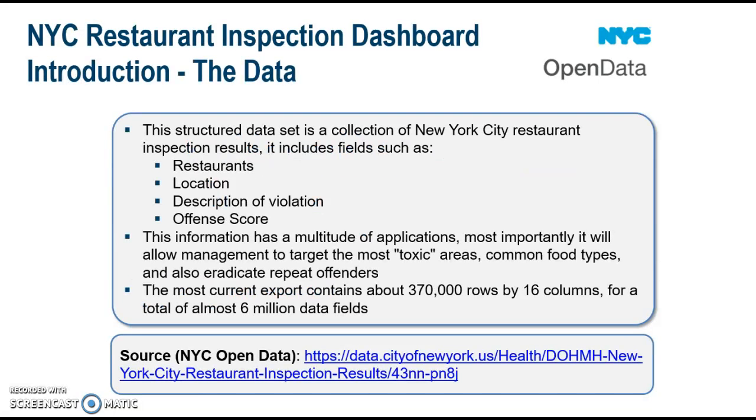Before we move on, I would like to first introduce you to the overall data. Every restaurant in New York is scheduled for an unannounced inspection once a year to ensure public safety. The result that will be analyzed is structured and contains about 370,000 rows and about 15 columns.